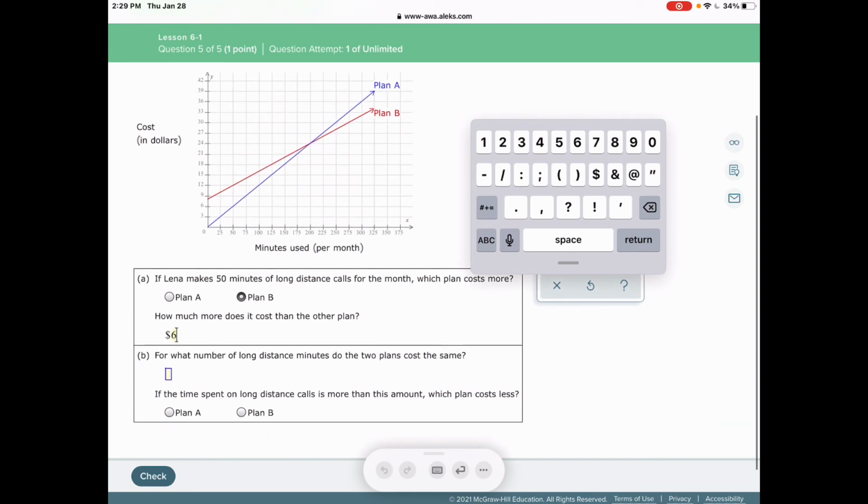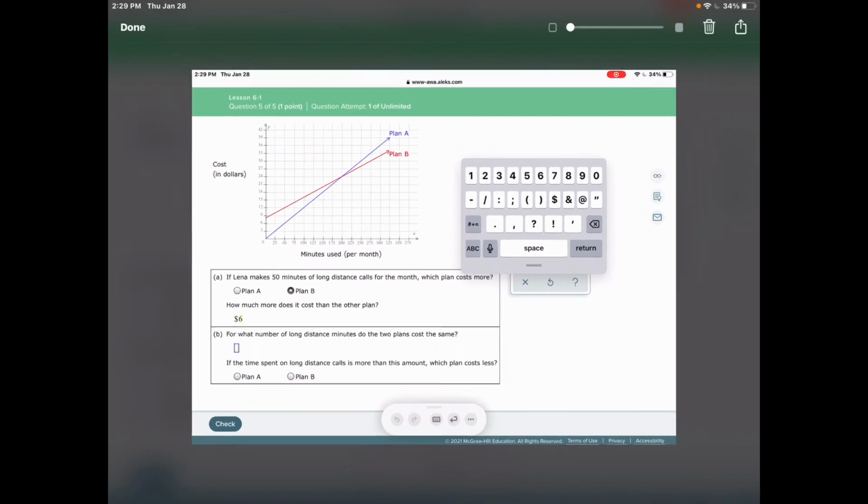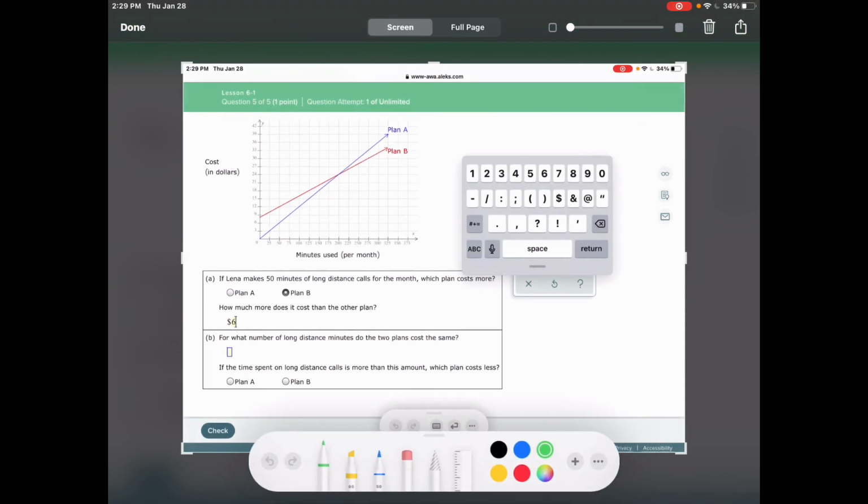And for what number of long distance minutes do the two plans cost the same? We're going to try to find out where those two lines cross. And that happens at 200 minutes and $24.